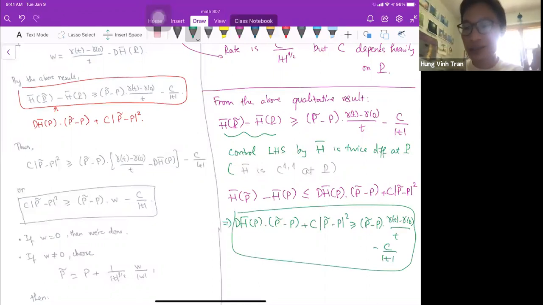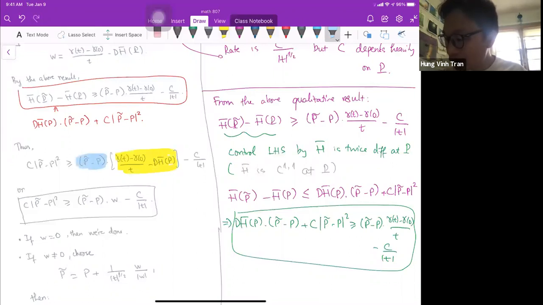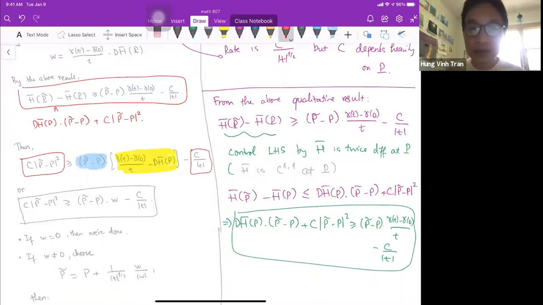This is essentially a Cauchy-Schwarz type inequality. You combine together and you see that you have the difference of gamma t over t minus the rotation factor, P tilde minus P here, and then two error terms: this one is the first error term, and this one is the second error term. And then again, it's just a Cauchy-Schwarz type inequality.